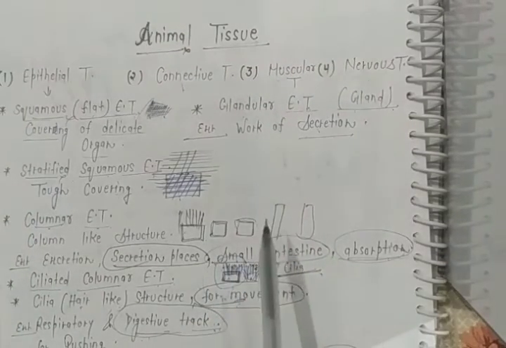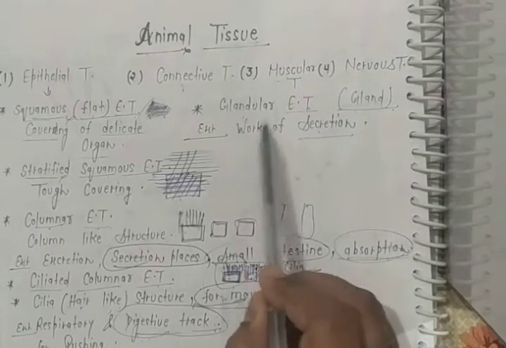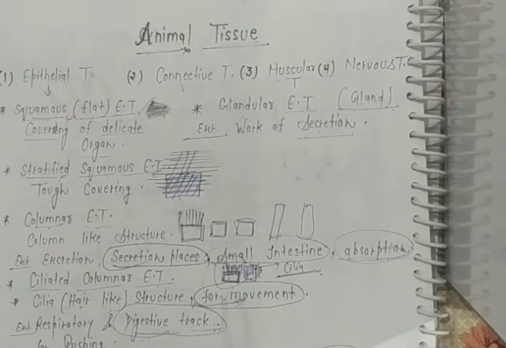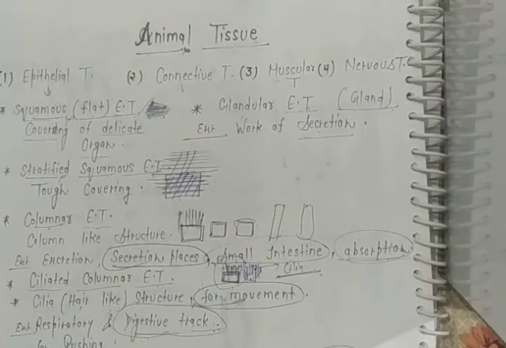Our last epithelial tissue is known as glandular epithelial tissue. It means epithelial tissue which is modified in the form of glands. If I ask you the meaning of glands, your answer should be, ma'am, something responsible for secretion, which secretes something. Yes, absolutely right.